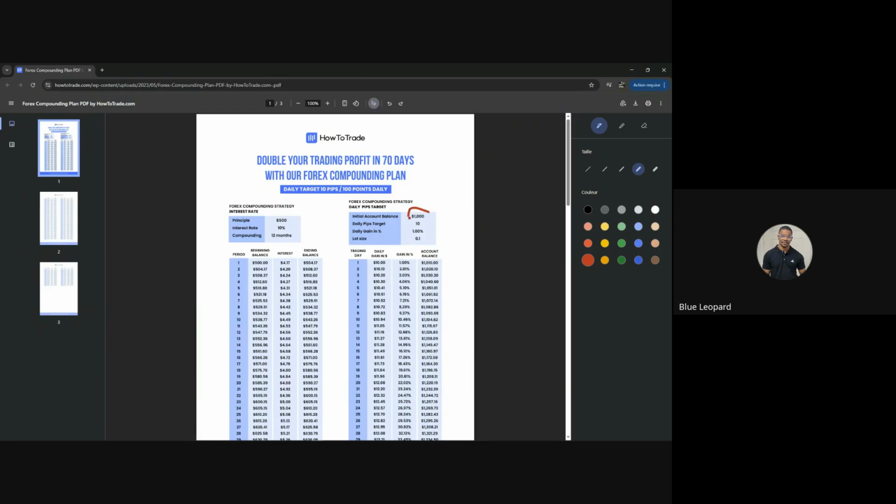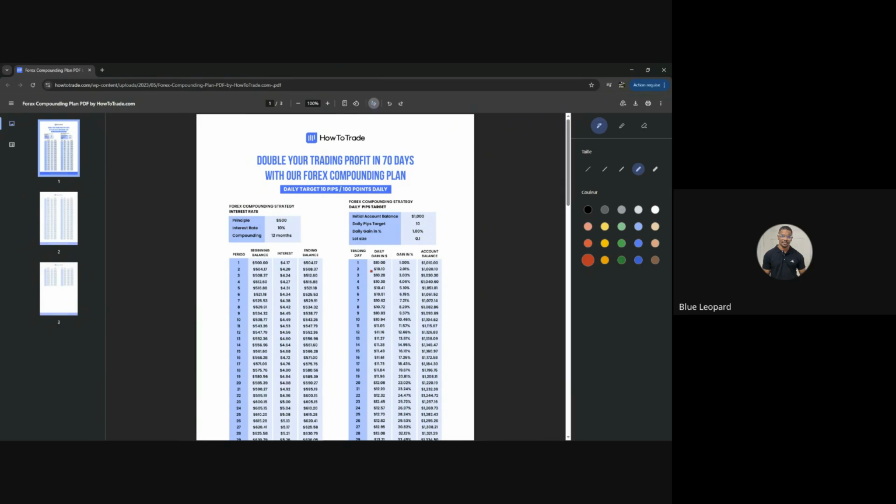If you start with $1,000, I just use this because I know 1,000 will allow you to have a nice idea about the calculation. So if it's $100, you just divide this, you just put 0.01, and then you know that this is for 100, but you will gain 1% and you will still risk and target 10 pips, okay?